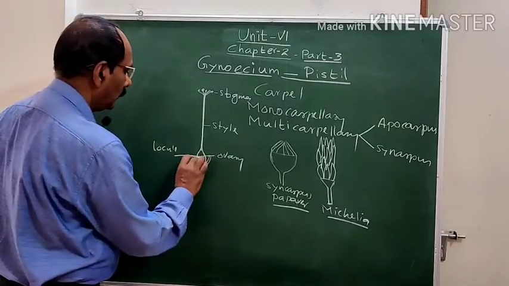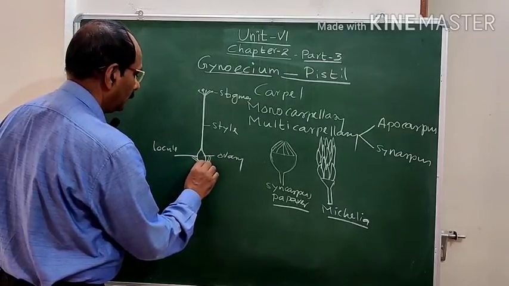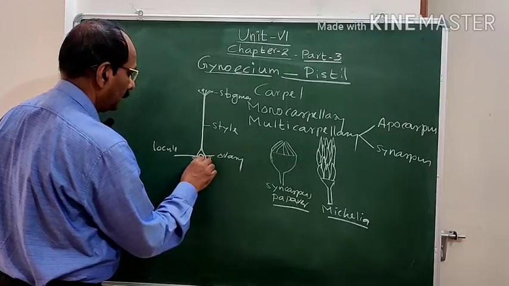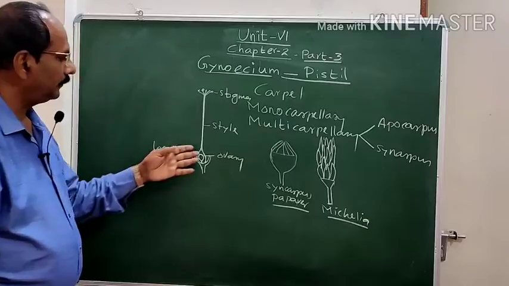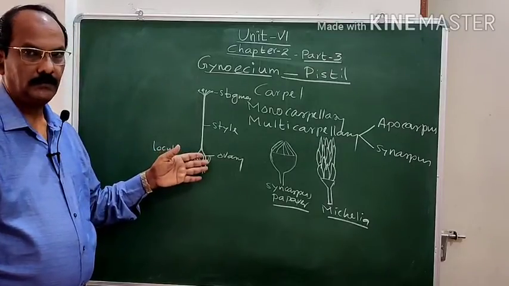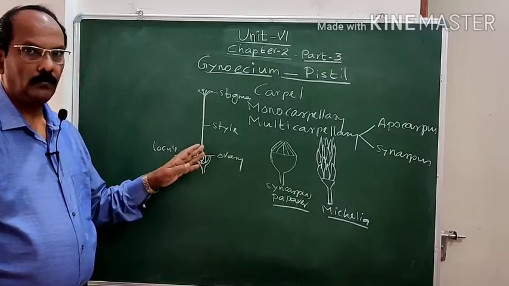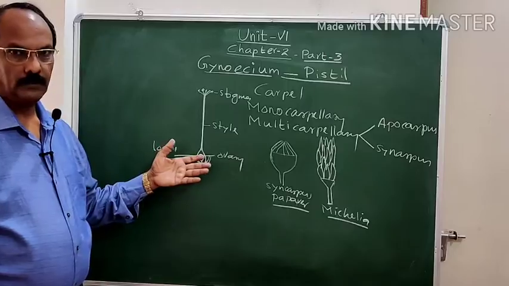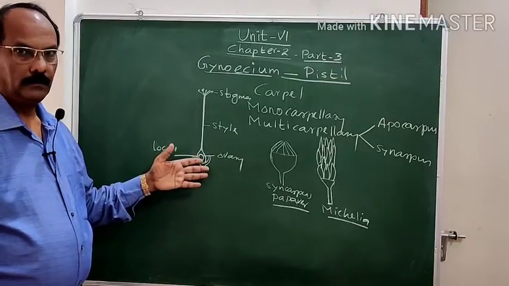Okay, so the locule. In the locule, you can see the placenta. On the placenta, an ovule is attached. That is seen inside the ovary. The ovule may be single, as in rice and wheat, which have only one ovule, or ovules may be many, as in watermelon and orchid.